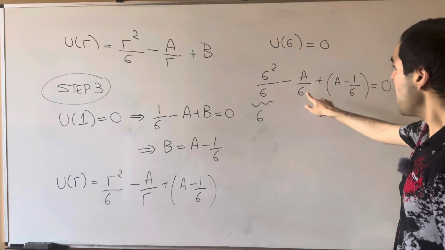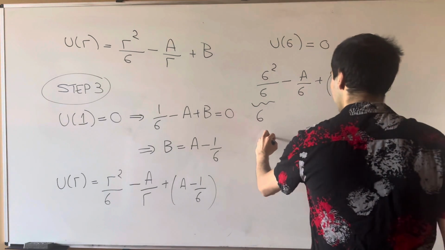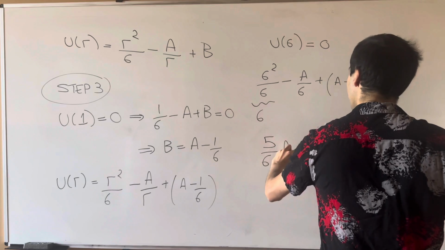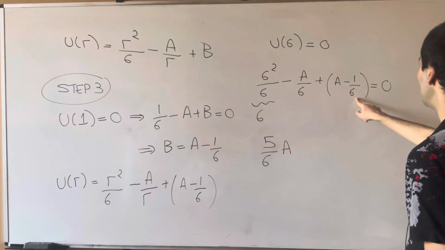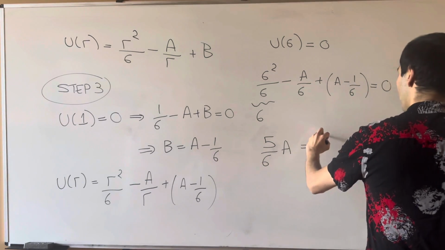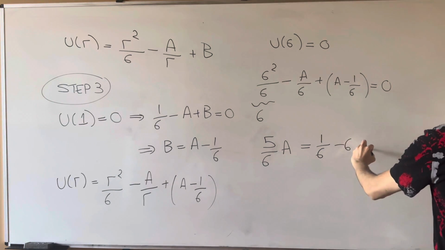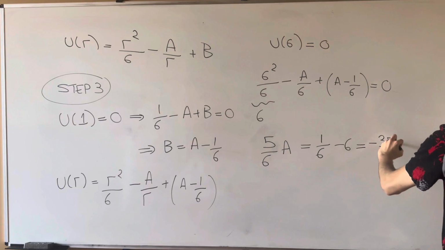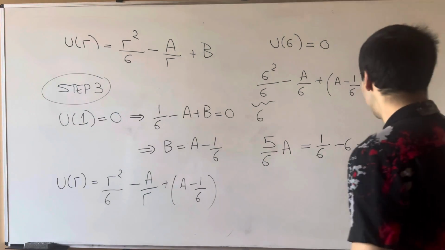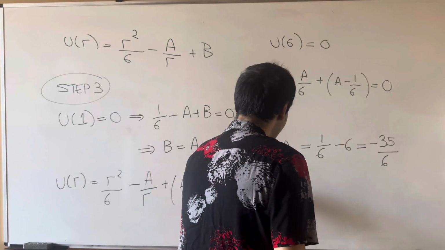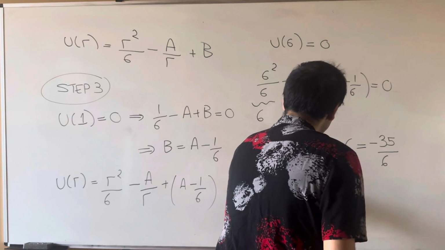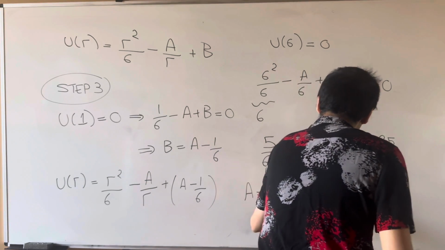And so a minus 1/6 a, that's 5/6 a. And then we get equals to 1/6 minus 6, which is the same thing as minus 35/6. And so in particular, a becomes minus 35 over 5, which is minus 7.